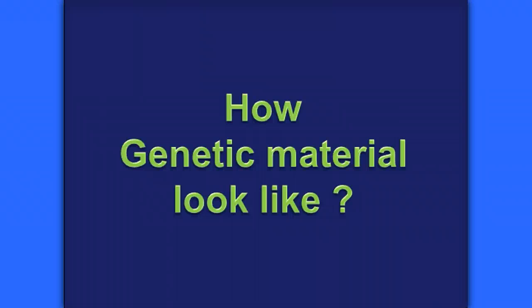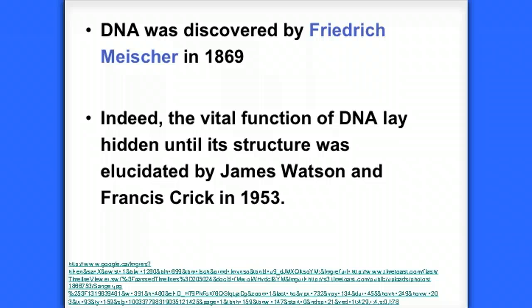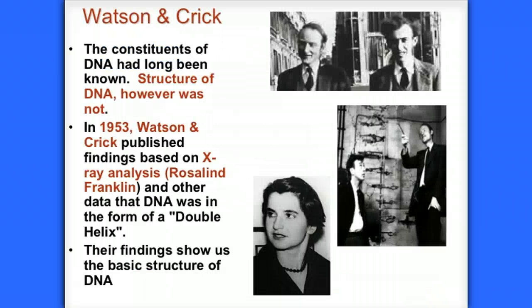Now, how does the genetic material look like? The DNA particularly was discovered long ago, and it was Watson and Crick who deciphered the same, along with X-ray analysis of Rosalind Franklin. In fact, they had gone for an evening dinner with her when they discussed the structure of DNA.